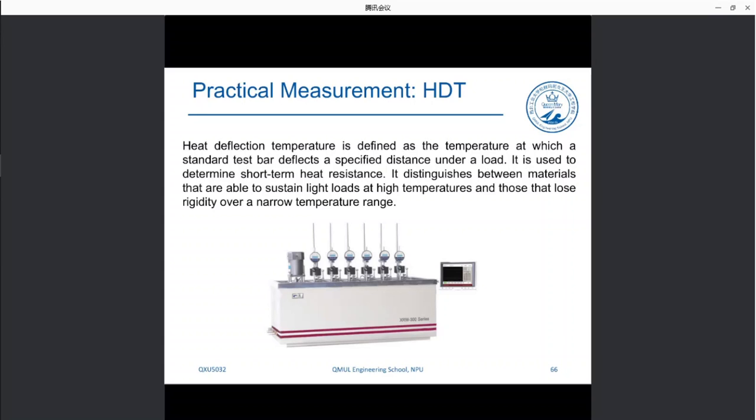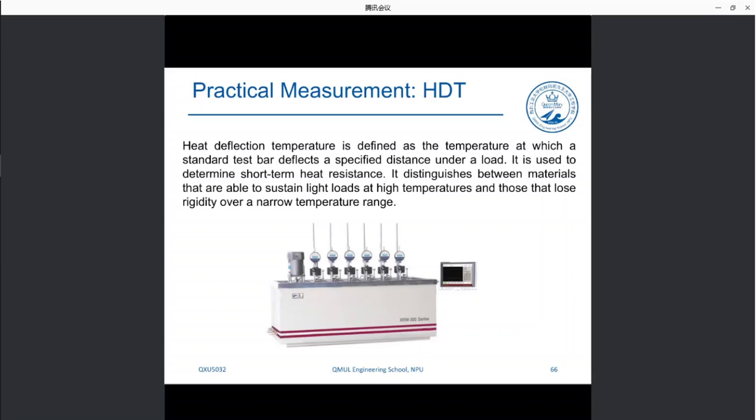And finally, a practical measurement that is commonly used by industry, not so much by researchers in academia or universities or institutes, is the heat deflection temperature measurement. It's a practical measurement similar to melt flow index, which is used for the measurement of the molecular weight.